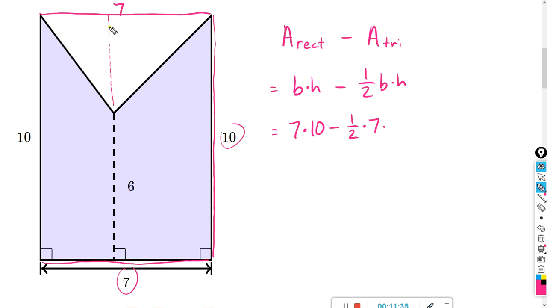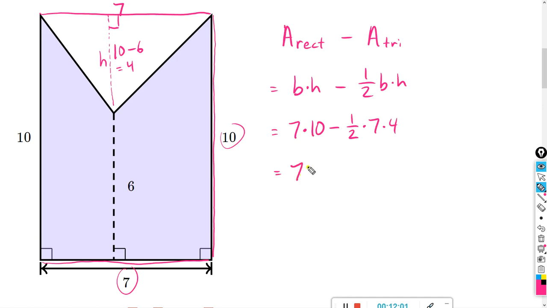Okay, we make it perpendicular to the base. And if the whole thing right here is 10 and this piece right here is 6, then this height in here is just going to be 10 minus 6. So that's 4. So the height of this triangle is going to be 4. So in place of h, we write the 4.